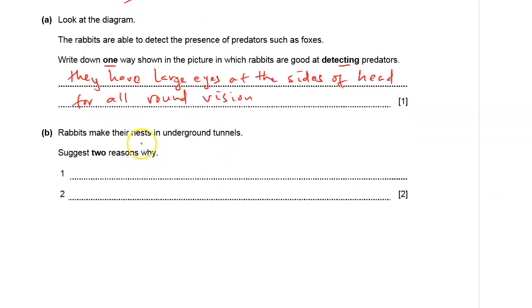Rabbits make their nests in underground tunnels. Suggest two reasons. One reason, they shelter from wind and rain. The nest shelters the rabbits from wind and rain.